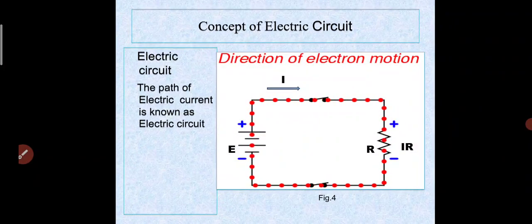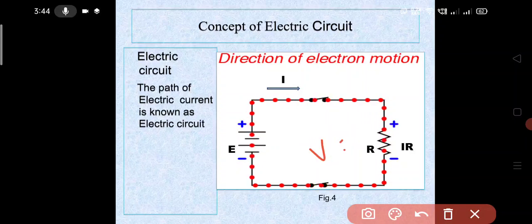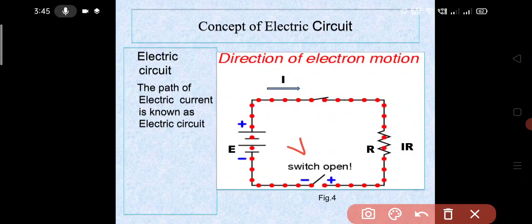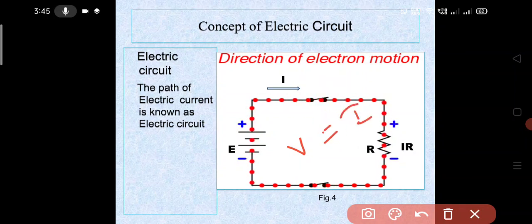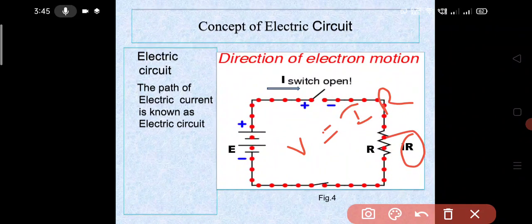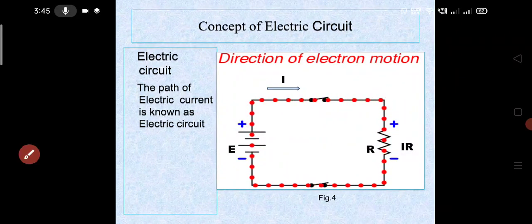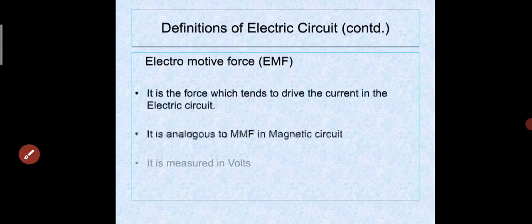So V is equal to IR, current and resistance. So these are the definitions of the electric circuit.